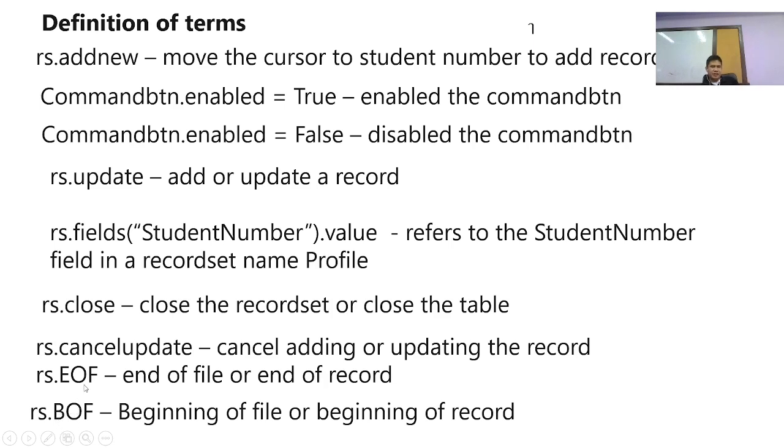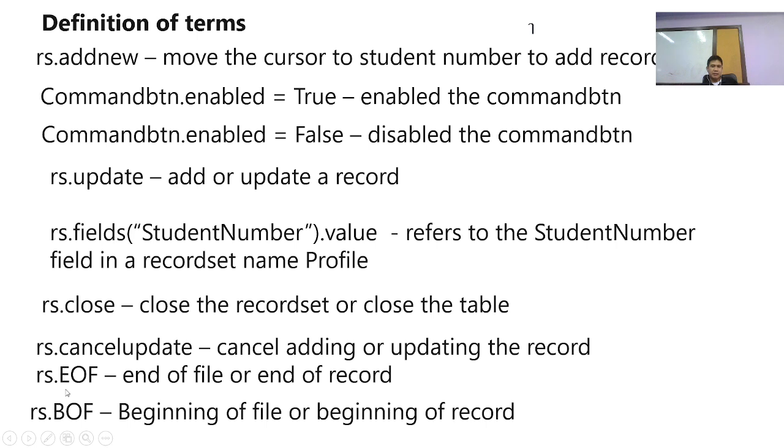So we are using rs.eof and rs.bof to check if there is a record, or to check if we are already at the end of the file or already at the beginning of the file. That is why there is a method like this in a record set, to check where we are in the record.